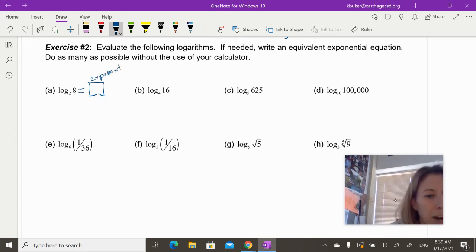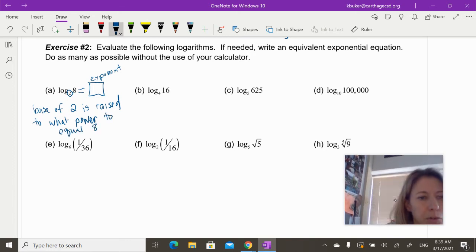So we're asking ourselves, the base 2 is raised to what power to equal 8?